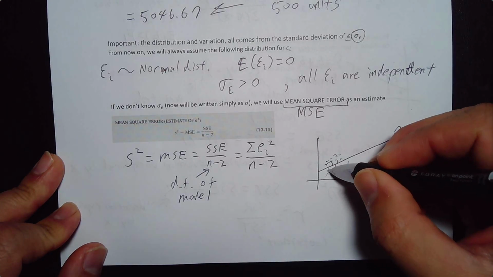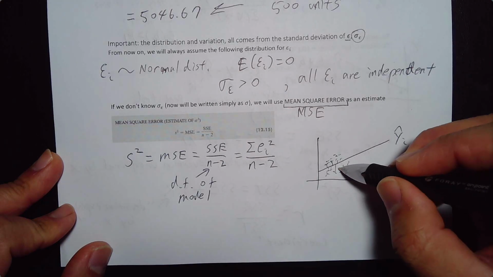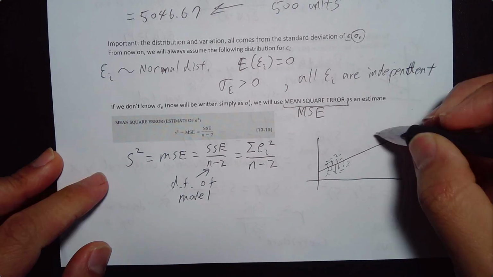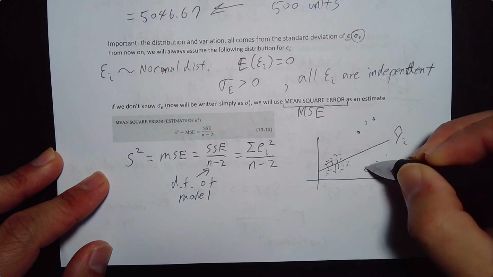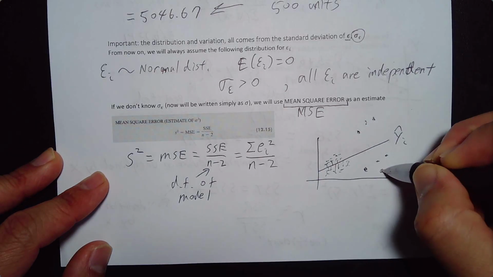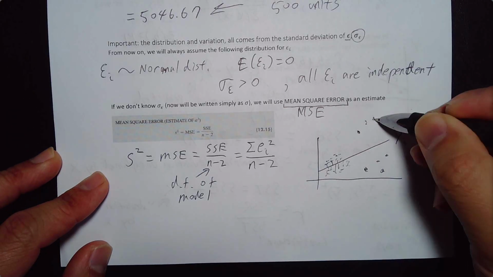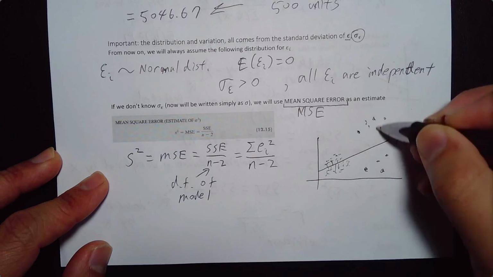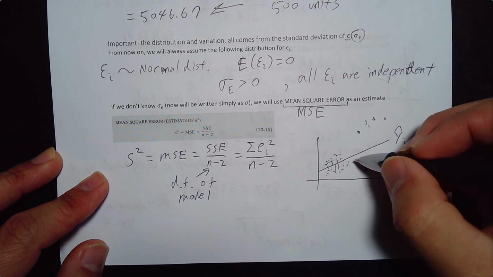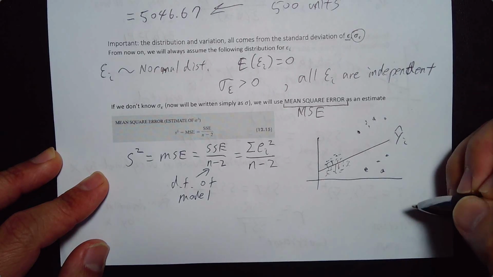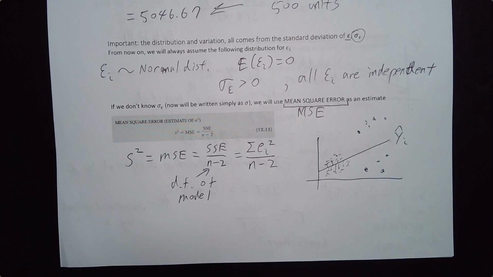Therefore, it should indicate that sigma in the actual population is also small. Vice versa, if the line doesn't predict the data well, or the data varies widely from the line, then this will indicate a very large sigma. So that's why we use this to estimate sigma.